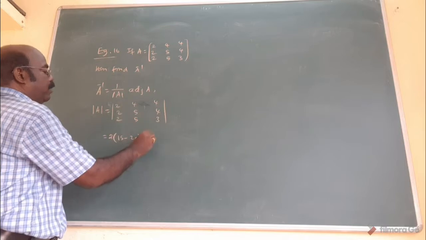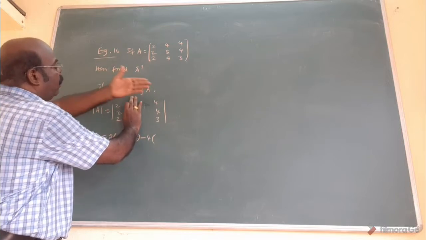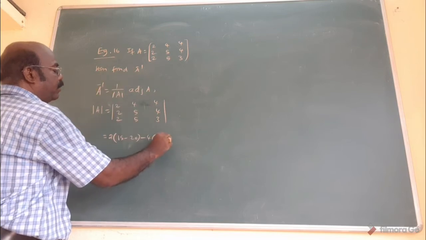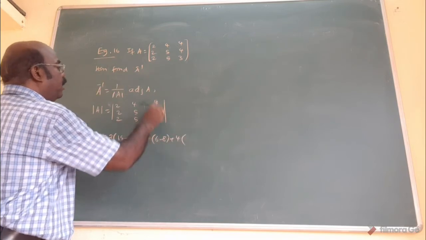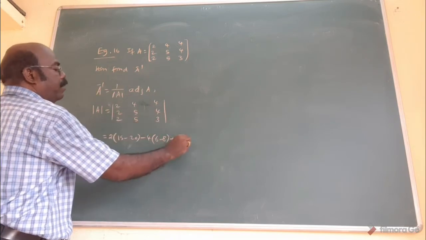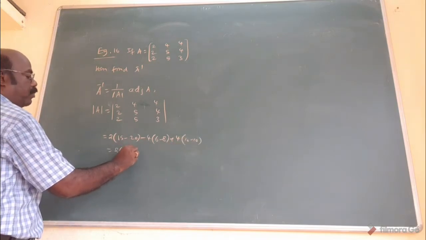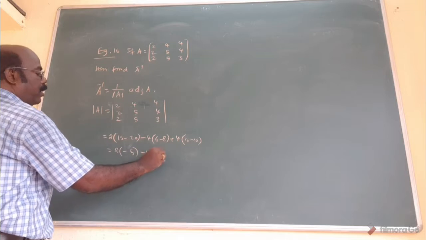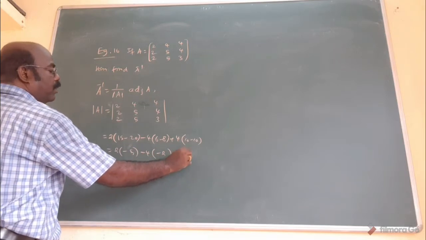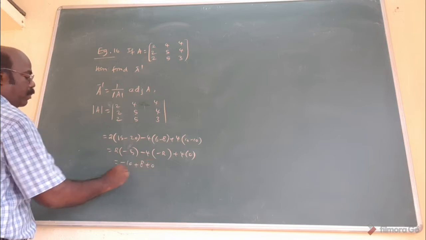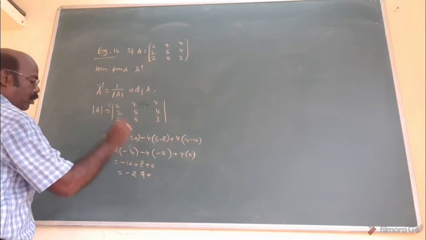Next number, sign change. Minus 4 into, this cancel. Now 2 threes are 6, minus 8. Last, 4 into, cross multiply, 10 minus 10. Now 2 into minus 5, minus 4 into minus 2, plus 0, minus 10, plus 8, plus 0, that is minus 2. This is not equal to 0.